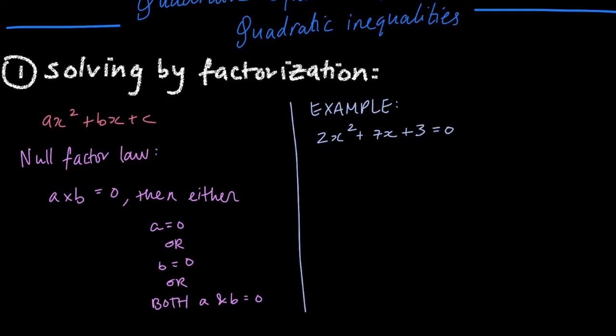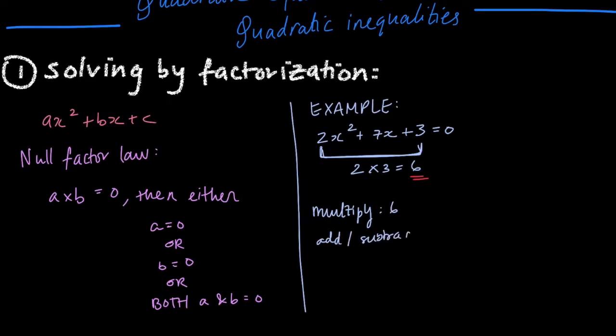So when a is not equal to 1, this is what we do. We have to multiply the terms a and c. We multiply 2 and 3, and we get 6. Now with 6, we have to find two numbers that multiply to give us 6, and add or subtract to give us 7, because 7 is the b value.